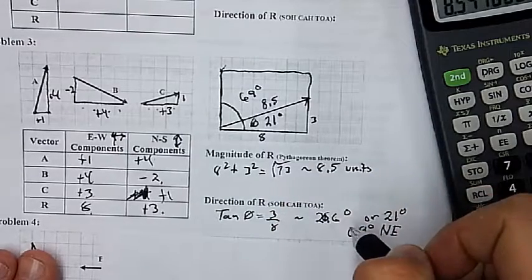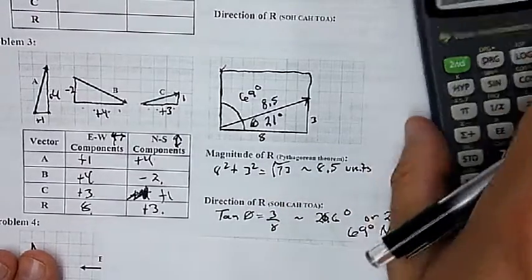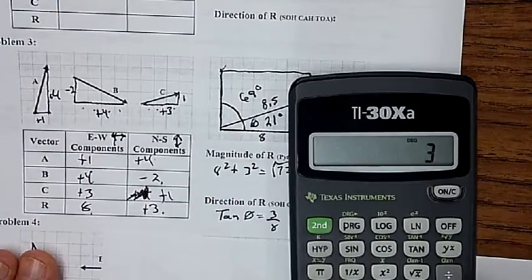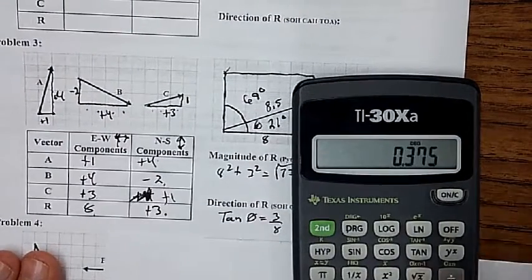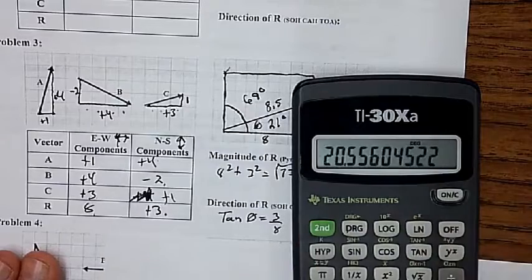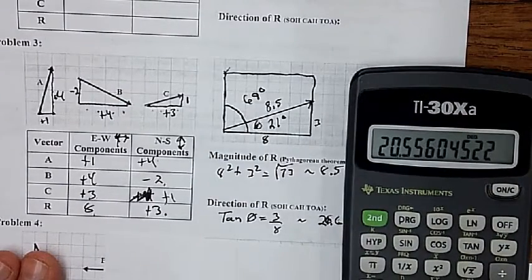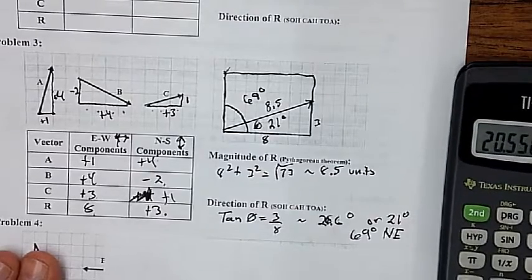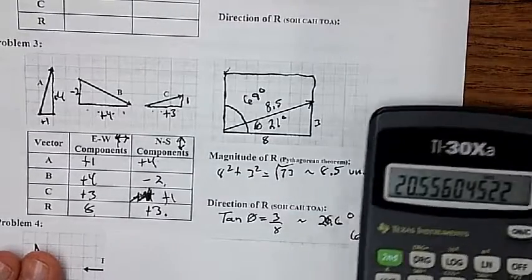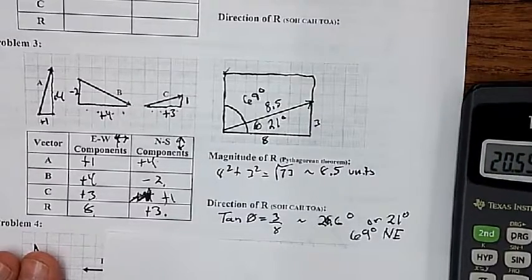If I put 3 divided by 8 equals, that gives me some number, and then I hit second tangent. That's about 20.6, or if you round it to the nearest degree, about 21 degrees.